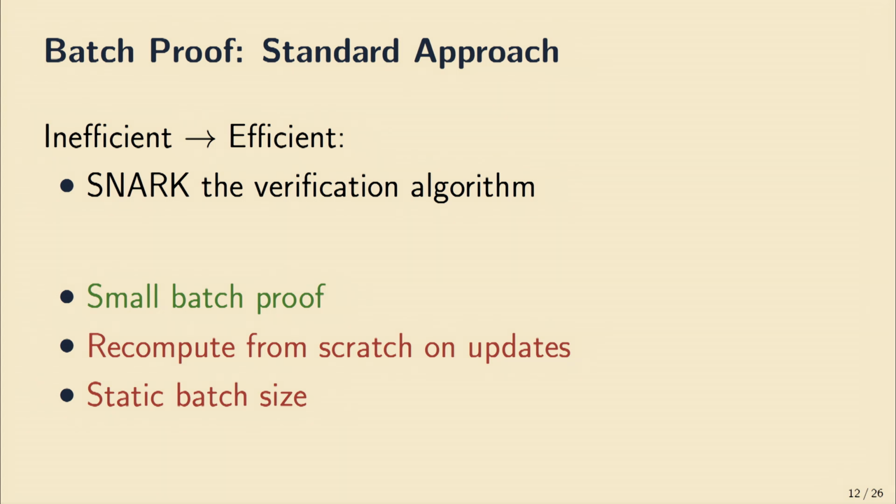In particular, using a SNARK circuit assumes you have a static batch size, because if you change the batch size, you need to change the size of the circuit, because this is the number of Merkle membership proofs that you input to the circuit. So this might require, for example, if you use a Groth16 SNARK, running a new trusted setup from scratch. Okay? So again, the standard approach to an efficient batch proof has all these disadvantages that we're looking to address.